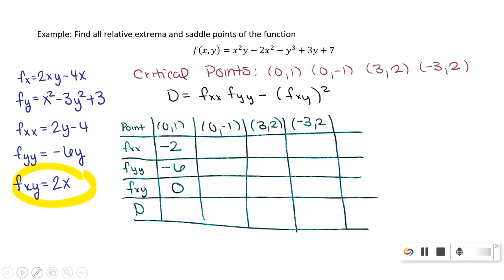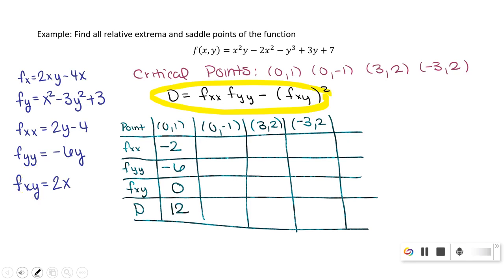And then plug it into the f sub xy. So 2 times 0 is 0. And then I'm going to compute my D value by multiplying negative 2 times negative 6, and then subtracting 0 squared. That gives me positive 12.